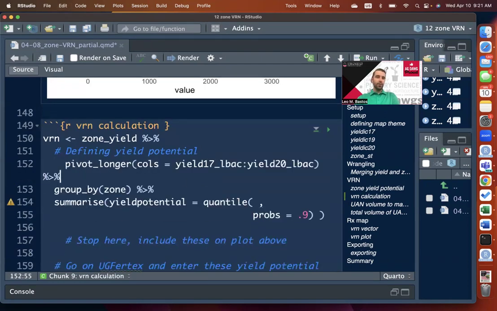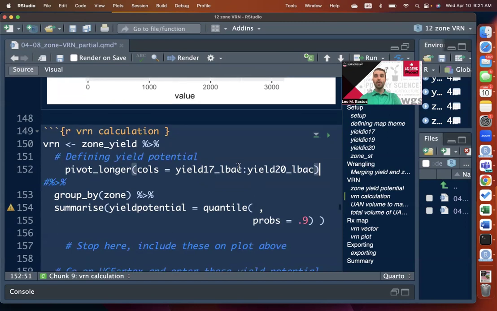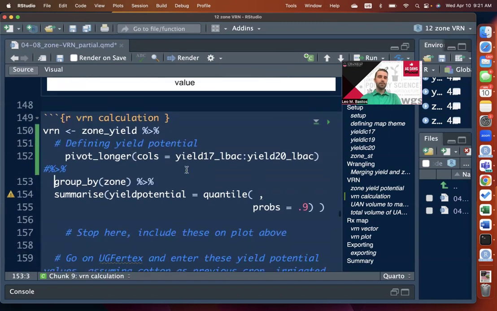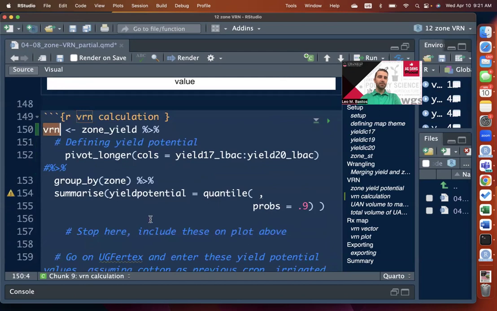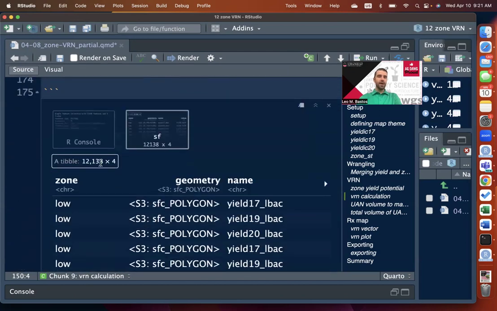In zone yield on my side, I have 4,046 rows. If I comment this pipe off, it's going to stop right here, because I want to show you what happens when we pivot longer. I print the object, and you see we went from 4,000 to 12,000 rows. That's because before we had 3 columns with yield, and now we stack them below each other. 4,046 times three is the 12,000 there.